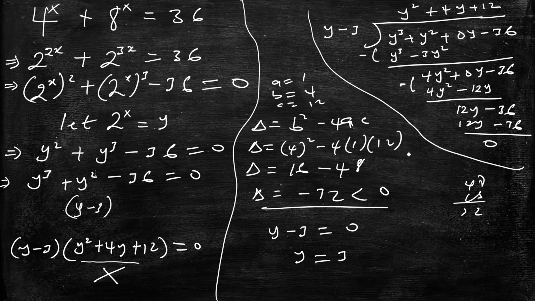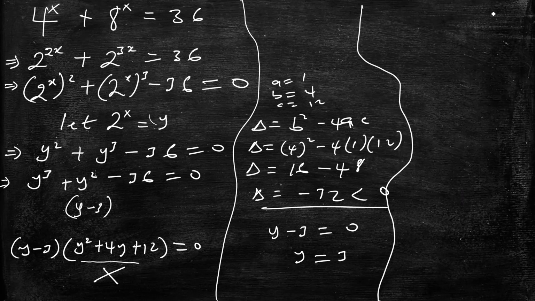Now go ahead, replace y here and solve for x. So we have 2 raised to x equals 3. Since we can't express this as a base and a power, we need to take log on both sides. So this one is a power, we have x log 2 equals log 3.